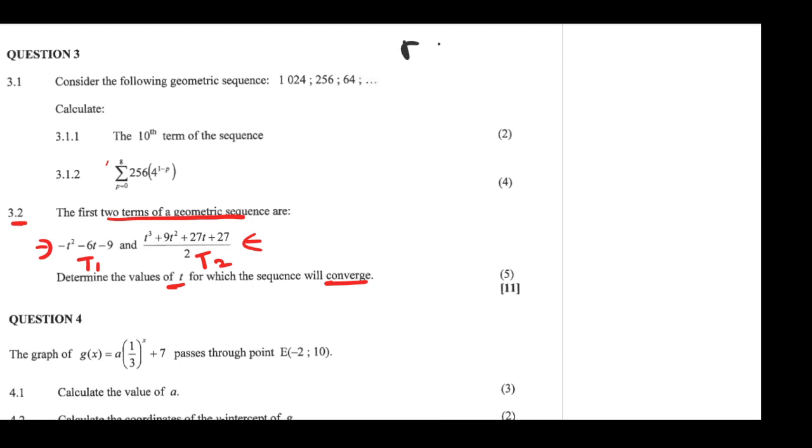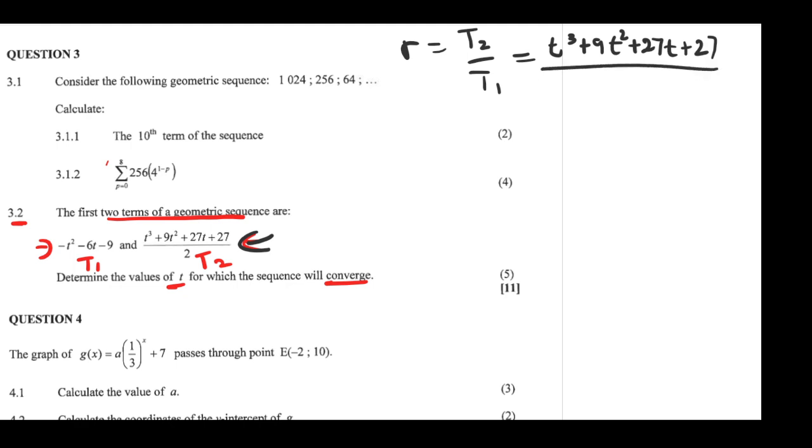So r is equal to term number 2 over term number 1, right? What is term number 2? It's this one here, which is t to the power of 3 plus 9t to the power of 2 plus 27t plus 27, right? Divided by term number 1. Term number 1 is obviously over 2. Let me just write this properly so that we are able to see it clearly.